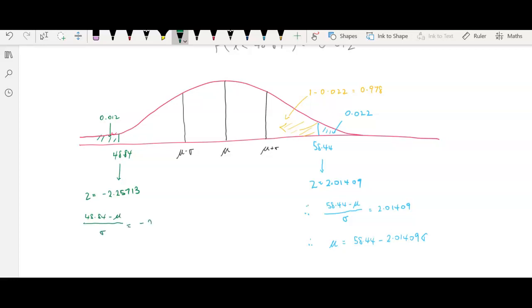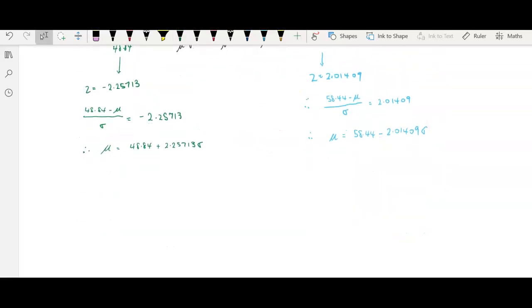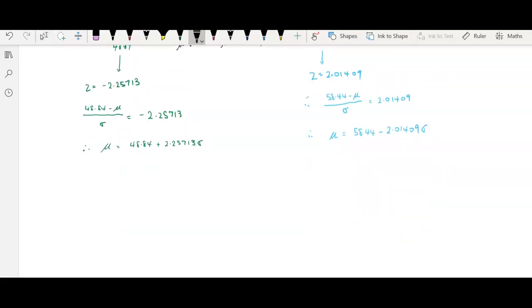In this case, it's going to be negative 2.25713, and I'm going to get mu as my subject again, which in this case will be 48.84 plus 2.25713 sigma.